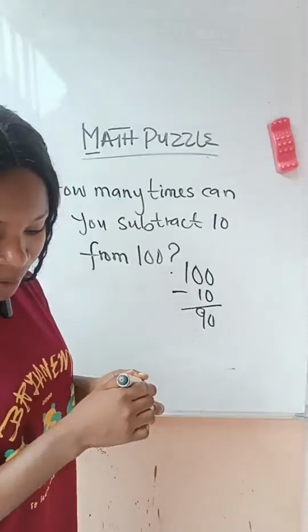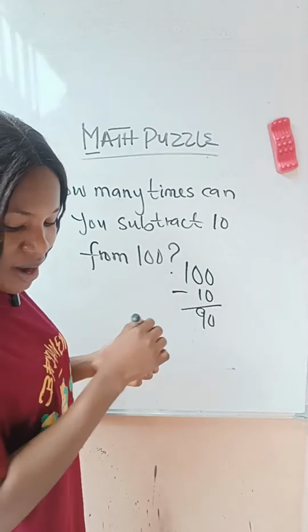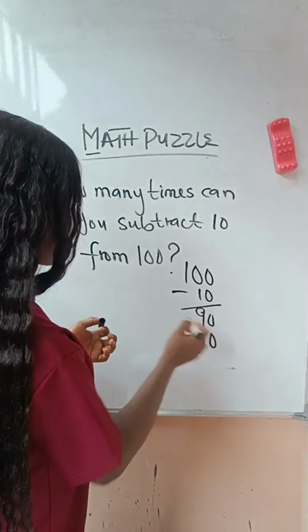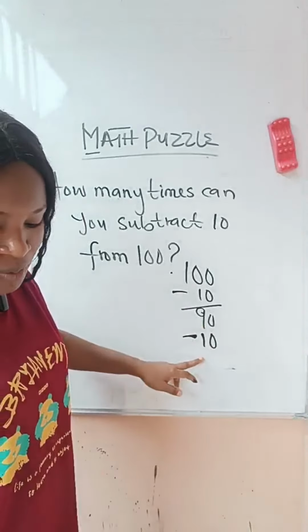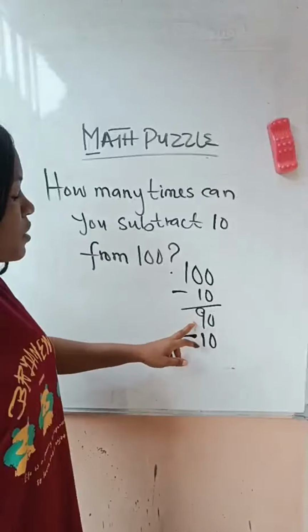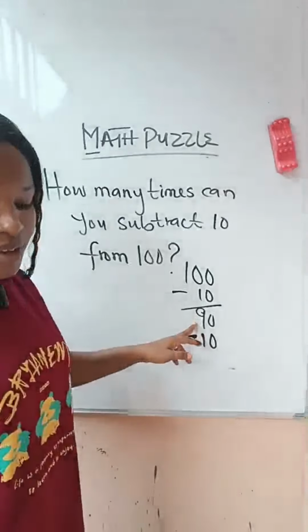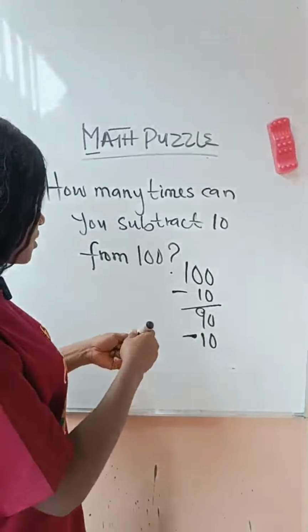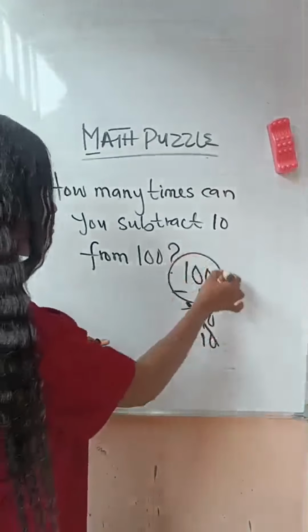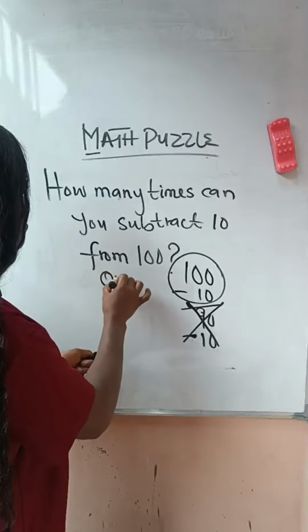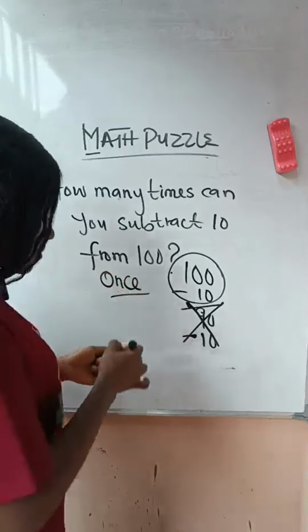If you subtract 10 again from 90, that is not what we are asked to do. We are asked to subtract 10 from 100, and that means the answer is once.